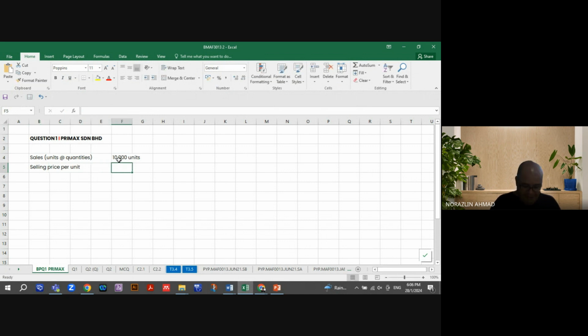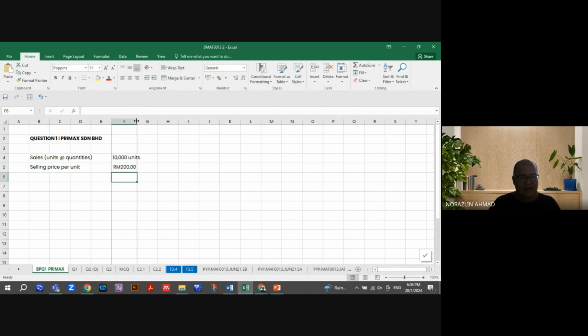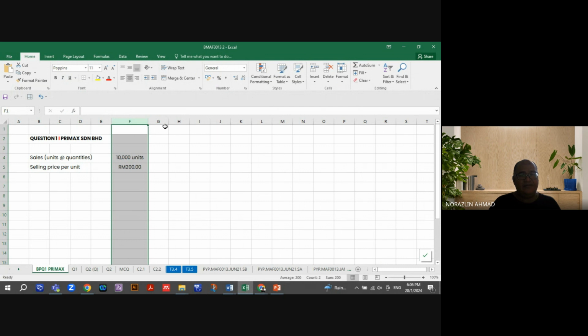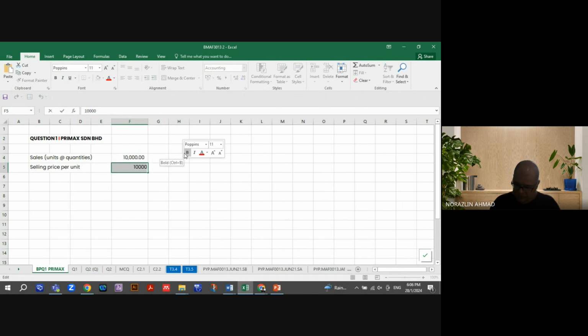One unit selling price is RM 200. This one is per unit, easier for you: 10,000 units, and RM 200 selling price per unit in RM.